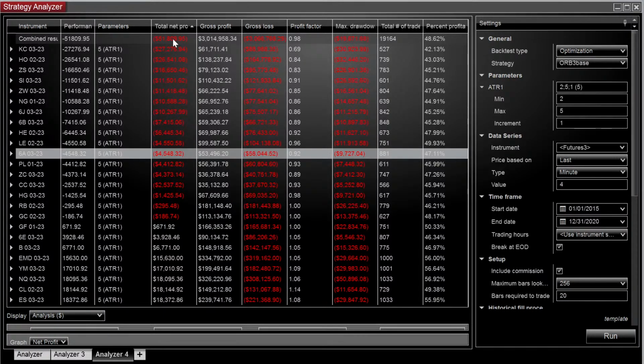So it's slightly worse than the 5 minute. Interesting, because whenever we had a lower sample size, the smaller time frame did a little bit better. So right now, 5 minute is still the winner.